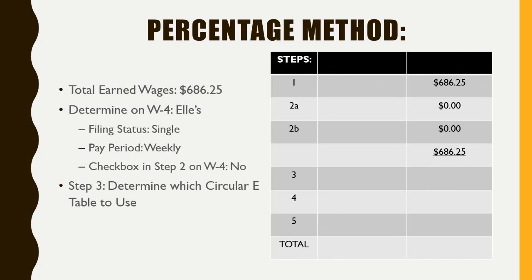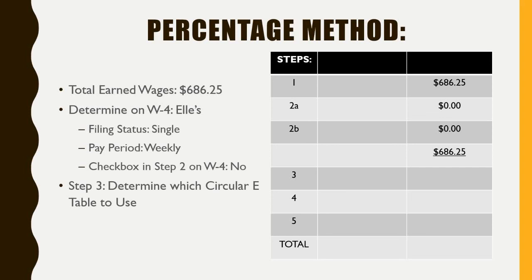Okay? So now, step 3 is going to determine what tax table she belongs to. In this case, we need to determine on her W-4 form what her marital status was. She said she was single. What was her pay frequency? We said that the company pays her every week.